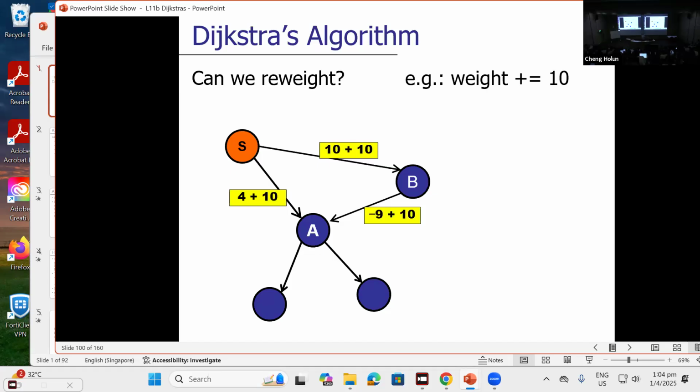Sorry? Okay, at the most negative. For example, I scan through all the edges and find the most negative one, say minus 100, then I add 101 to everyone so that every edge is positive. Can I do that? Let's say I can do that. But will this algorithm work?